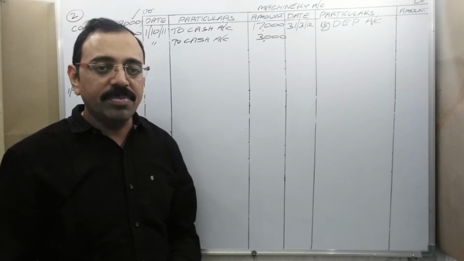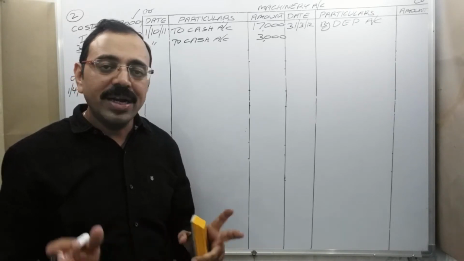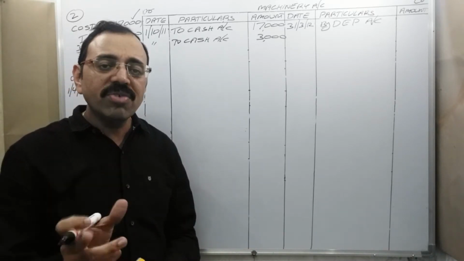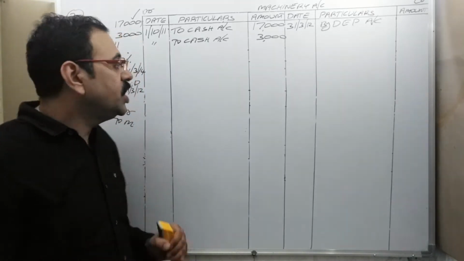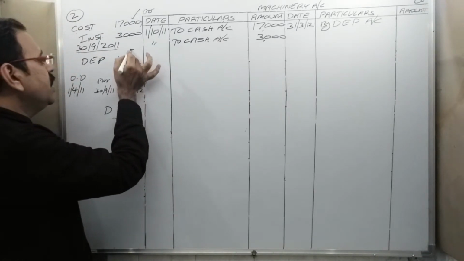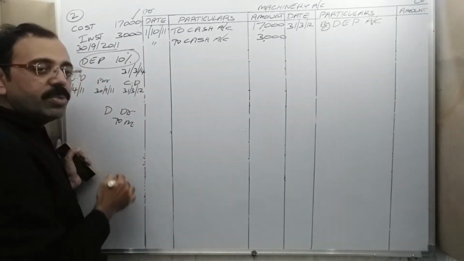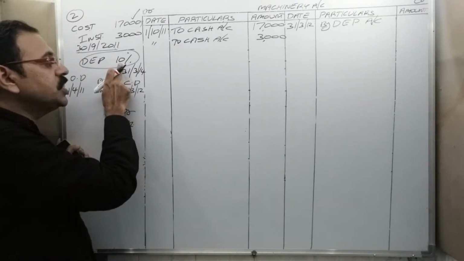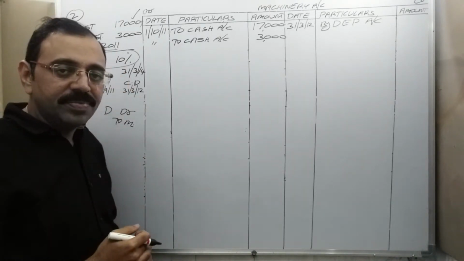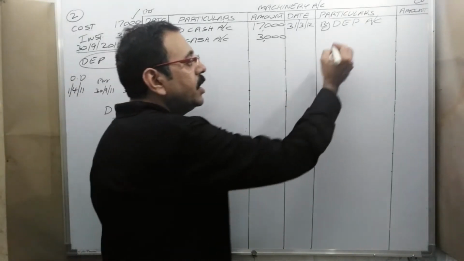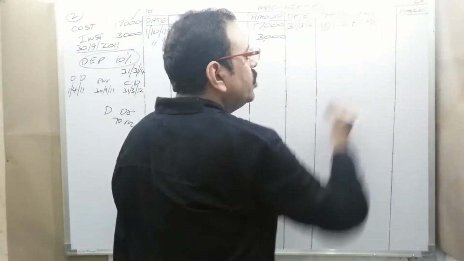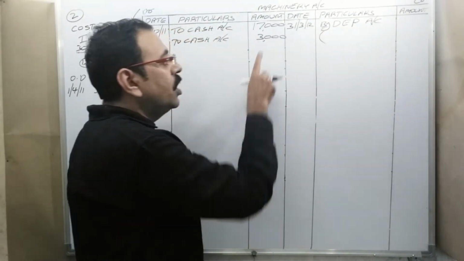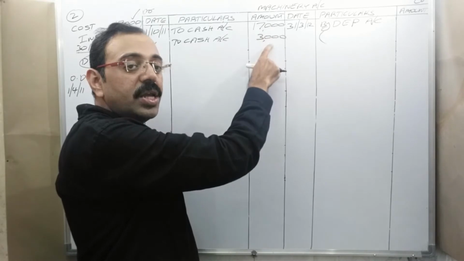But in the second problem, there is no estimated life, there is no scrap value, so we cannot use the formula. Instead, he has given the rate of depreciation. Every year 10% depreciation we should provide on the asset. Therefore, directly in the asset account we should provide that depreciation. Cost of the asset is not 17,000, it is 20,000.